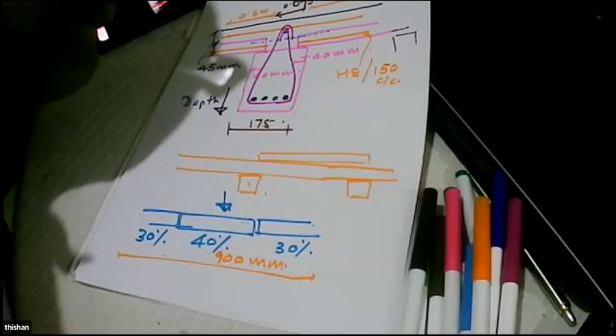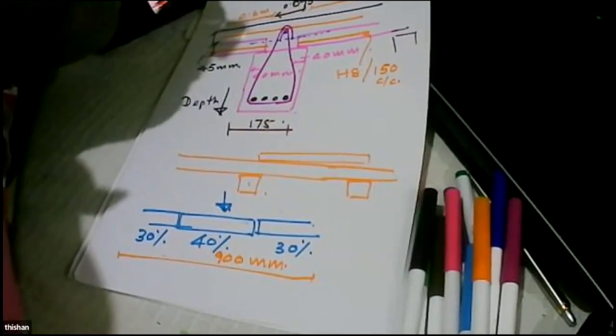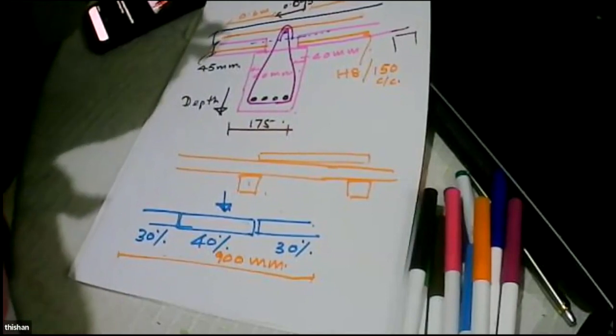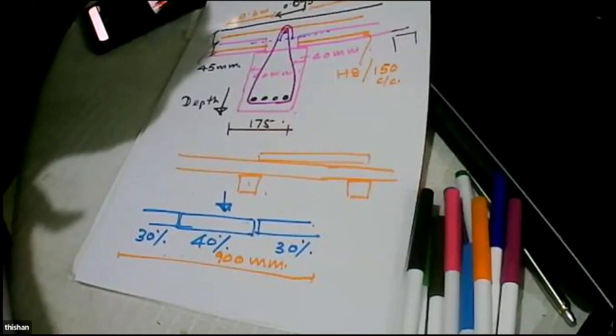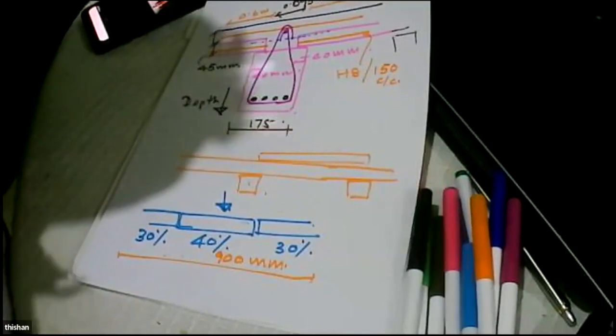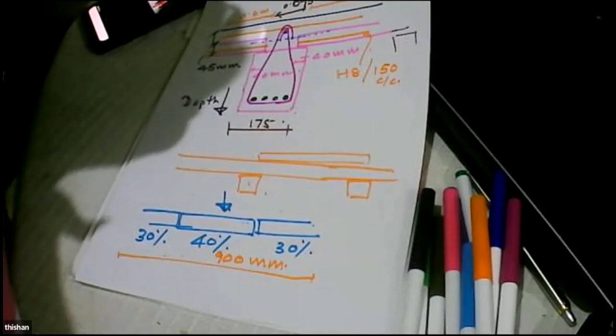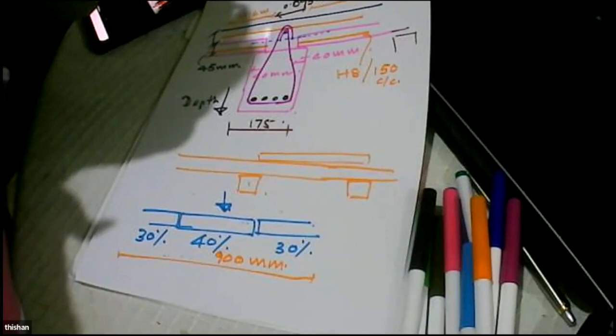Okay, sir. And there was a question at the very beginning. I just sent one photo to the chat box, sir. That distance is asked from the sketch we drew earlier. What is he asking? The bearing distance for the panels.